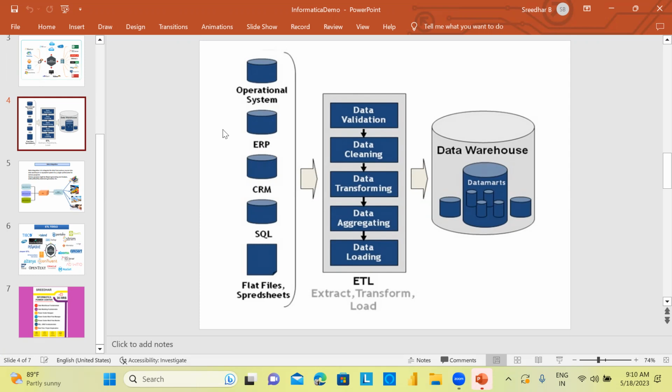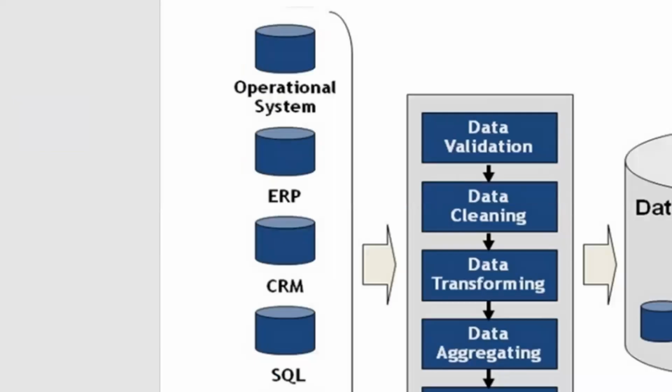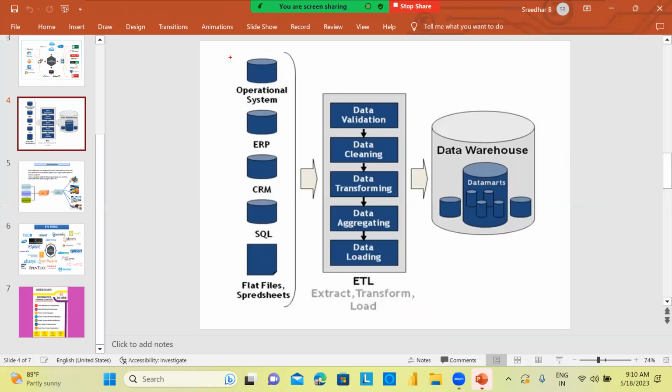We are extracting the data from source systems, which is called the business system, the transactional system. This one we call a transactional system. All daily transactions, whatever is going on at the business level, are kept here. They are loaded here. That is what we are extracting.